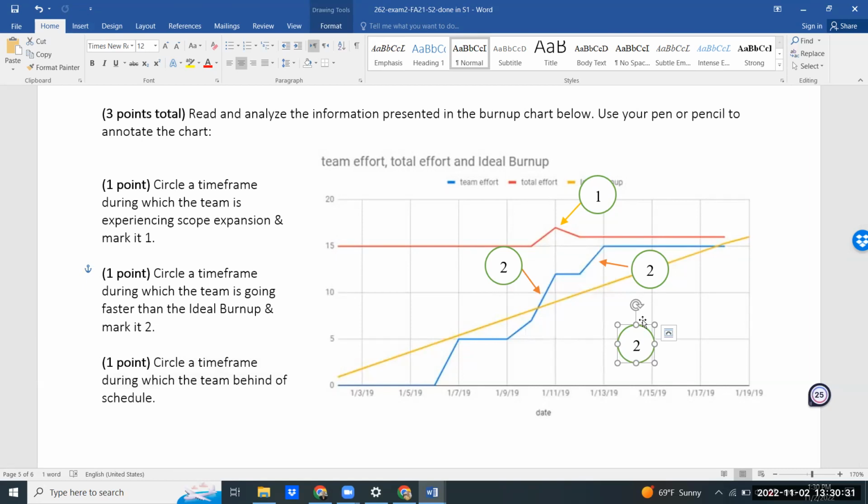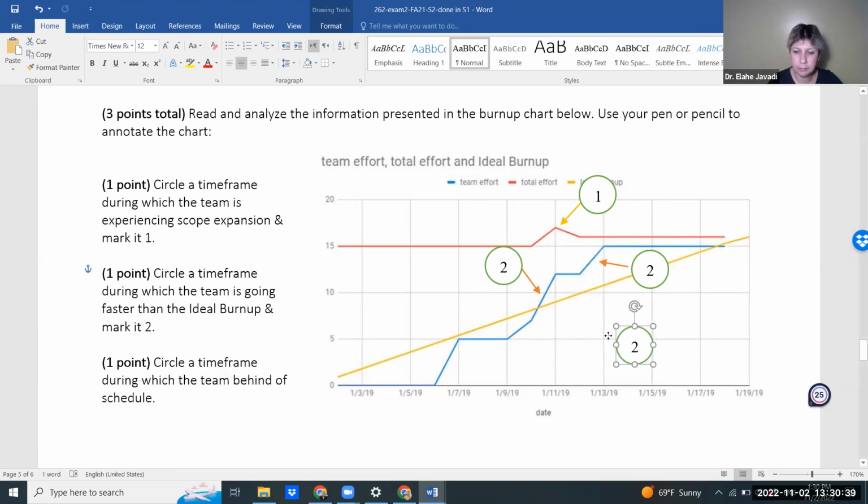Yeah, I think just what's below the yellow. Exactly. So when it's burned up, and I think that's the reason we're a little bit confused as a class here, because this is the first time we're reading burn up. So when your actual is under the ideal, it means that you're behind the schedule. So this whole time frame, when blue is under yellow, you're behind.